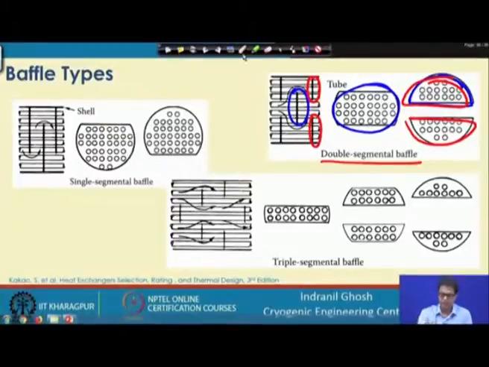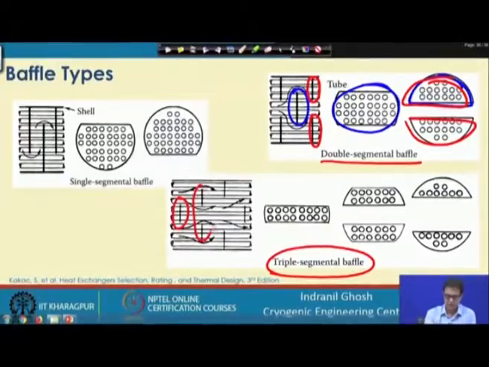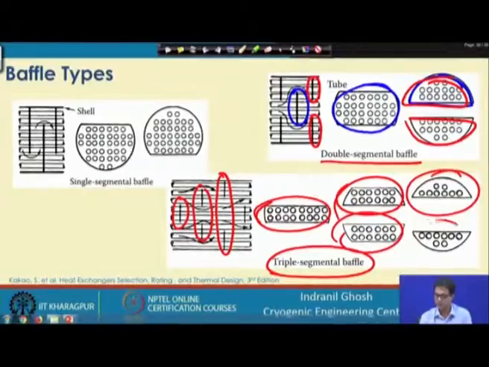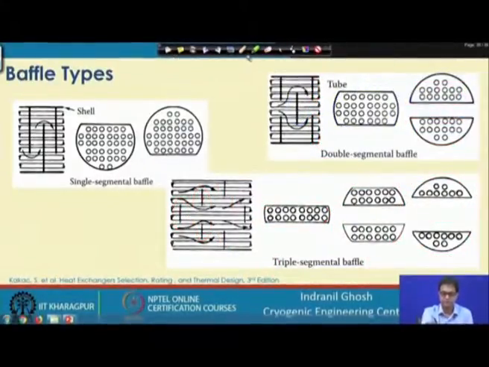Similarly, we have here the triple segment baffle. That means this one, these two, and these two, these three constitute a single unit for the baffle. First of all, this is one part, then we have this part, and then we have this part at this end. This will come here, this will come here. Like that, they are arranged in sequence.